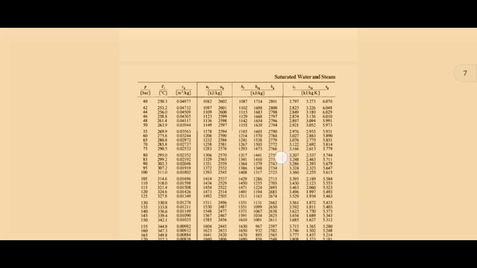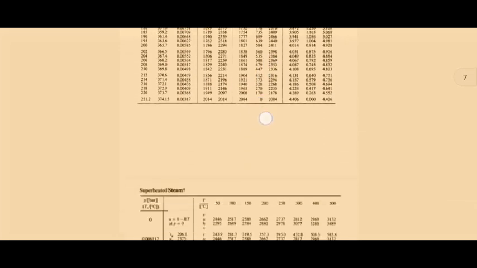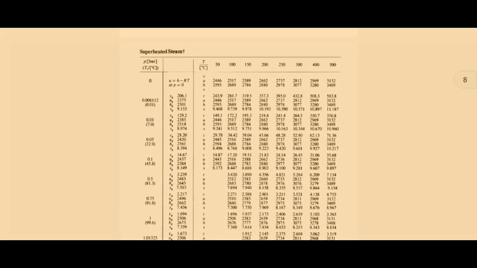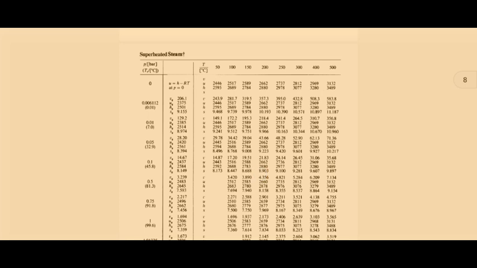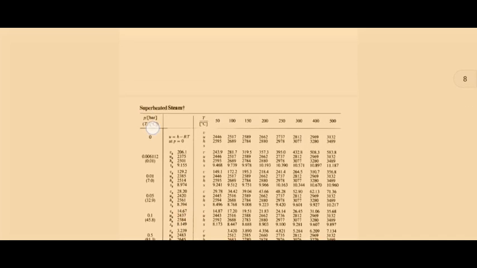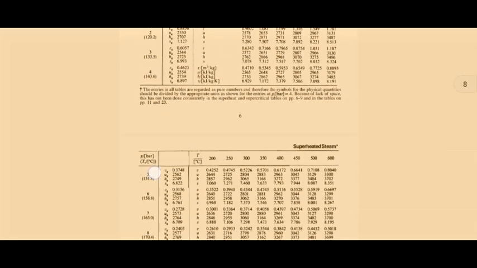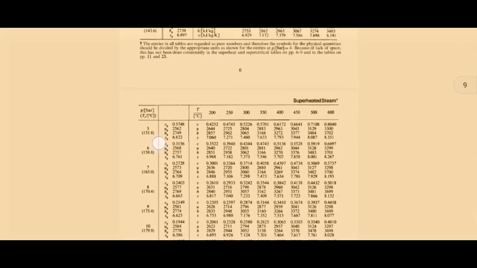When we now discover that our steam is superheated, you have to come down here, which is after the saturated water and steam, you get the superheated steam. Now you come to 5 bar. Where is 5 bar? This is 0.0.0. That's under the pressure. Move down to where we'll see our 5. So this is the 5 bar.